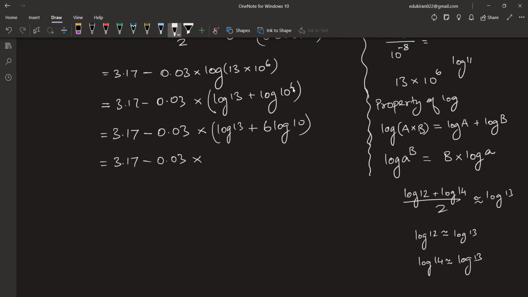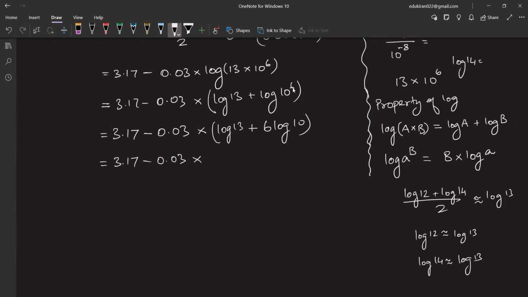Log of 14 will be equal to log of 7 plus log of 2, right? Yes or no? Please tell me. So what is log of 7? You have written in your notebook, what is log of 7? Log of 7 is 0.84.